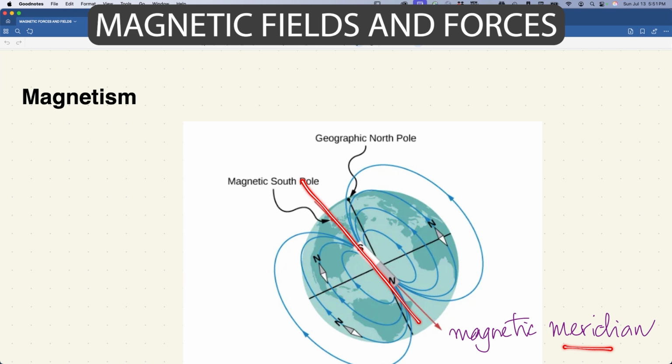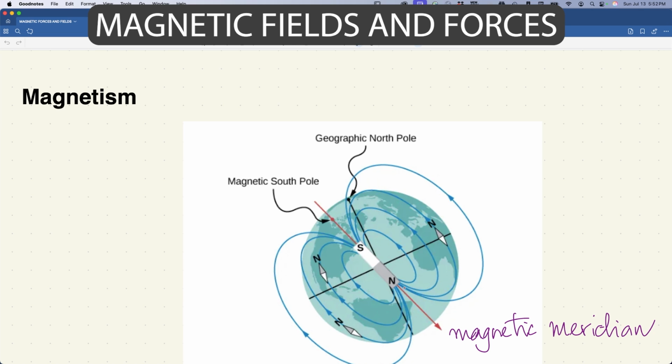The magnetic meridian. But the important thing is to understand that it does not align perfectly with the geographic North and South poles. So you can see the geographic North Pole is away from the magnetic South Pole. Same here. So this is called the geographic meridian.